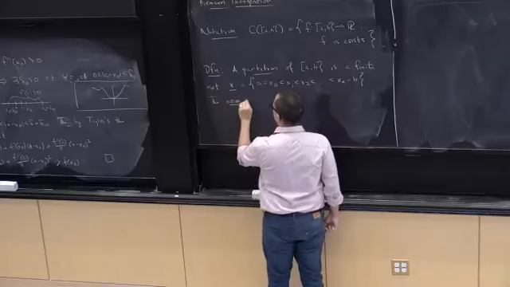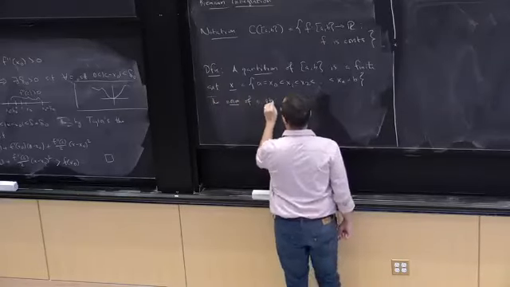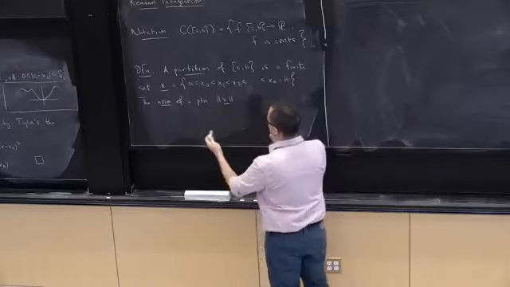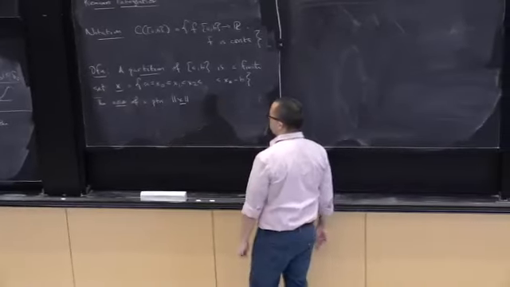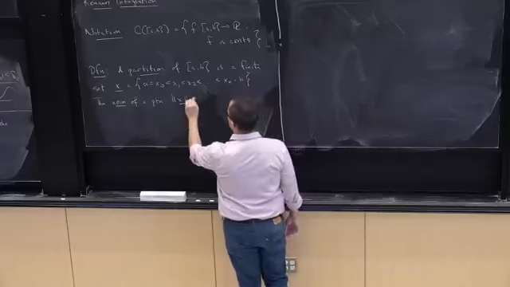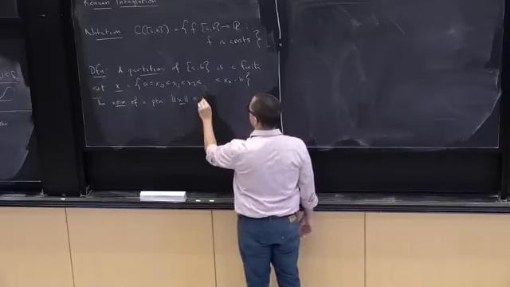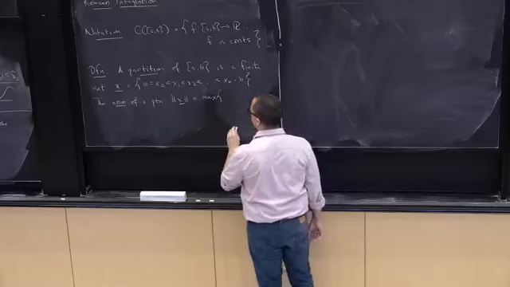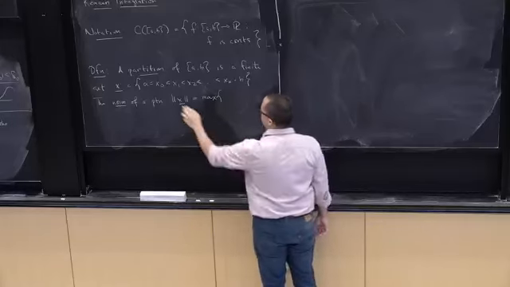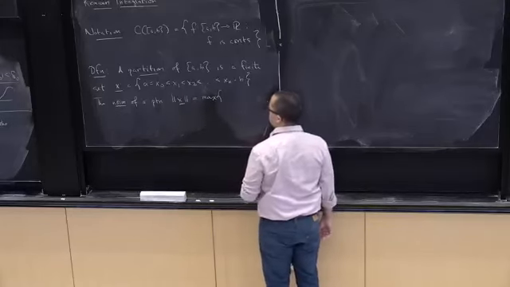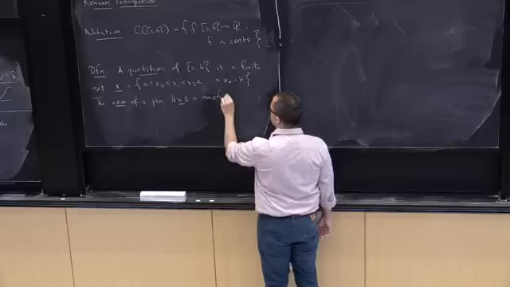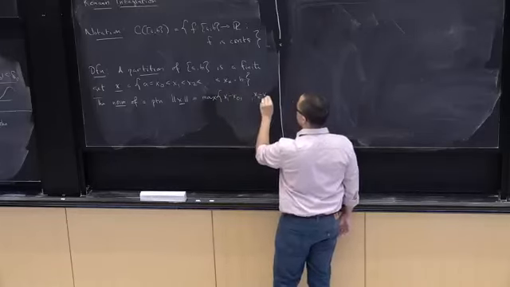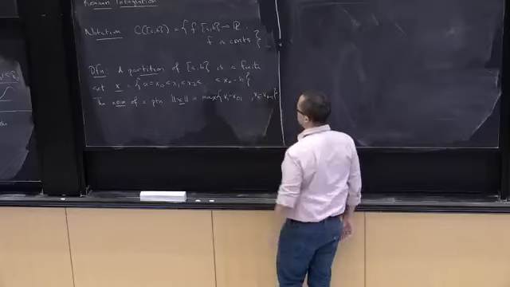The norm of a partition, which I denote with two vertical lines on either side of x underline, is by definition the max of the differences between these partition points. I refer to the points in the partition as partition points. So this is x1 minus x0, and so on, up to xn minus x(n-1).